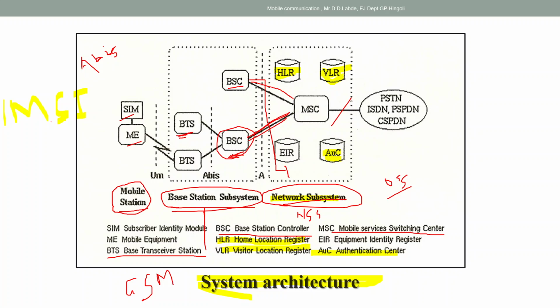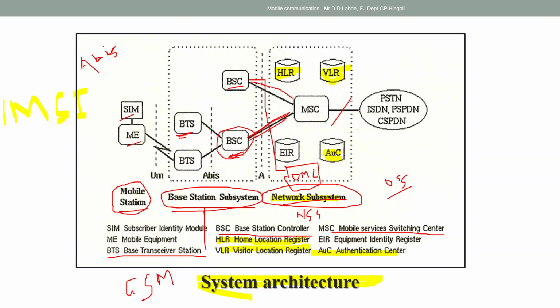Here you can have another block, that is OMC. OMC is your operation maintenance center. The OMC is used for monitoring and maintaining the performance of the mobile station, base station controller and MSC used in your GSM system. This is your GSM system architecture.